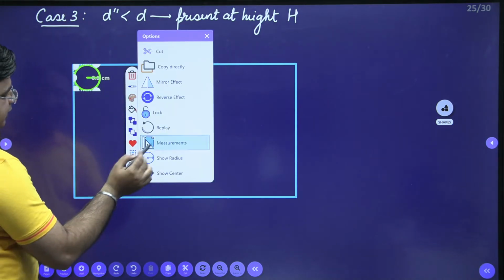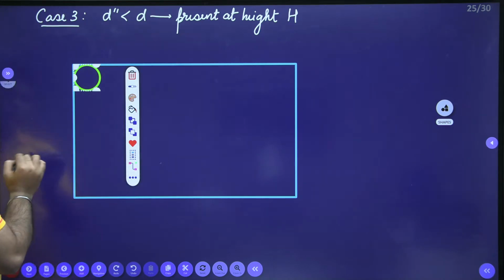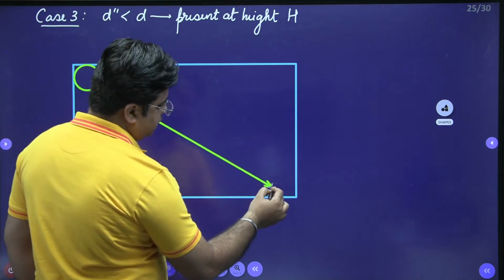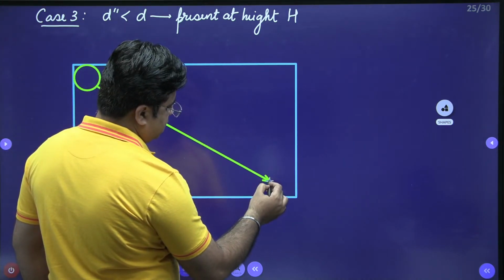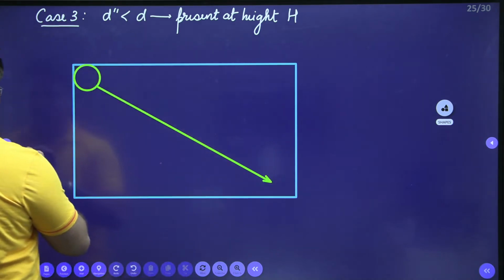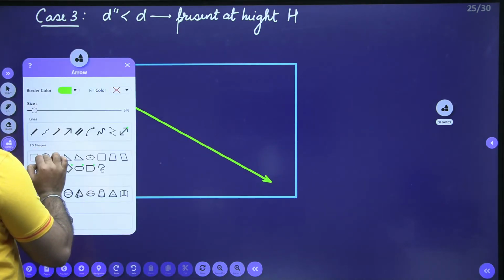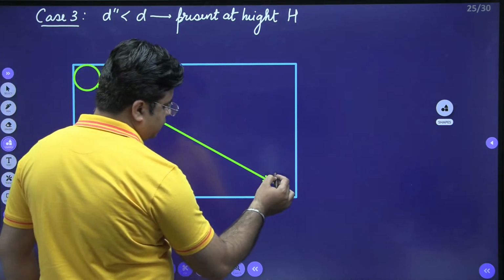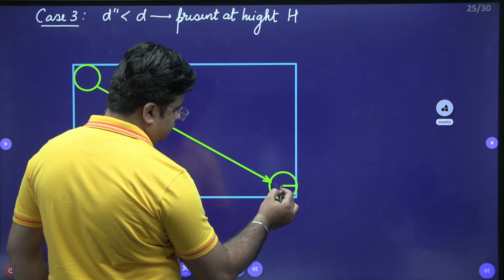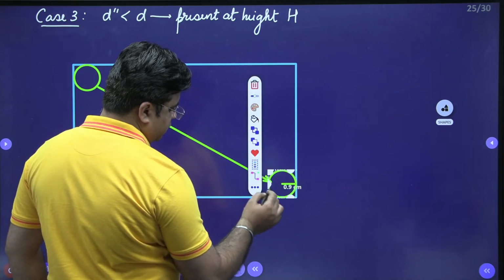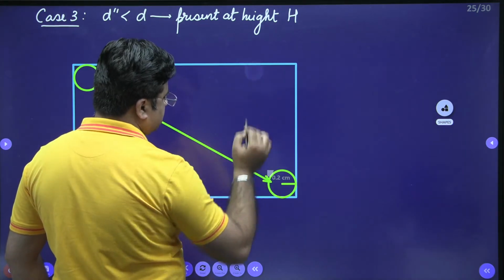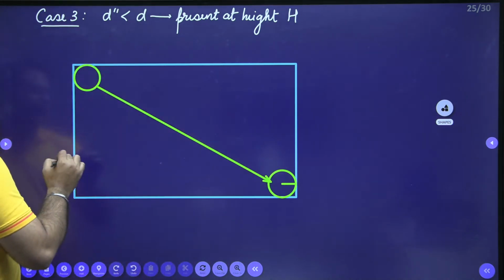This is my concerned size of the particle, and this concerned size of the particle is settling like this.